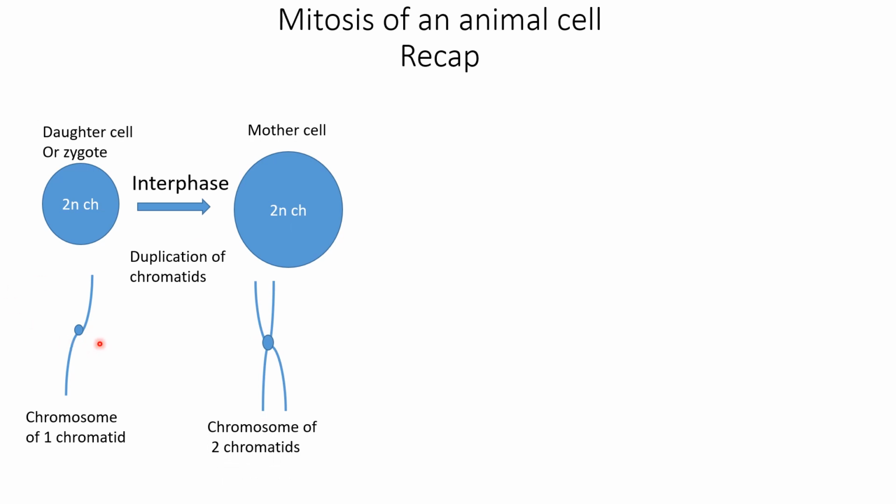But this time, the chromosome is of 2 chromatids joined together by a centromere. Remember that during interphase, chromosomes are always long and thin, and we call them chromatin.